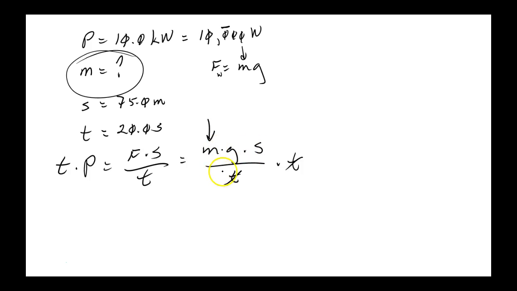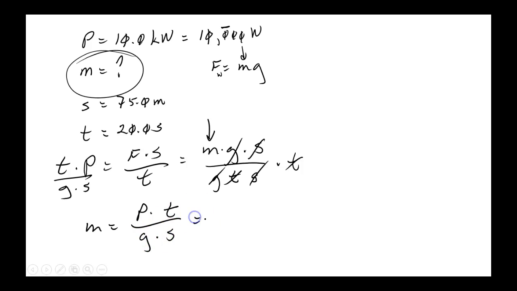Hint, they're all multiplied together, so how do we get rid of them? Divide by g and divide by s. The g's are gone, the s's are gone. So that leaves us with mass is equal to power times time divided by g times displacement.